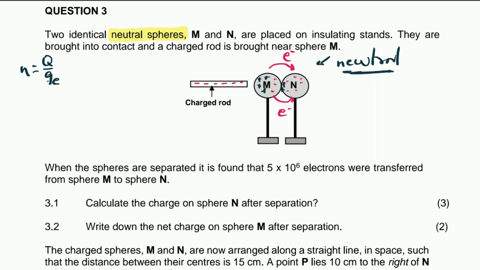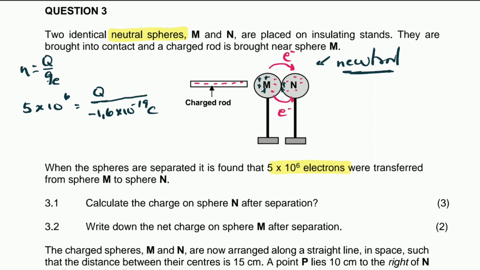Remember, this charge is not necessarily the charge of the electron, it is the elementary charge, and therefore it could be the charge of the electron or the charge of the proton. So if you substitute here, guys, now I substitute negative because what was transferred was electrons. You can see it here in the information.